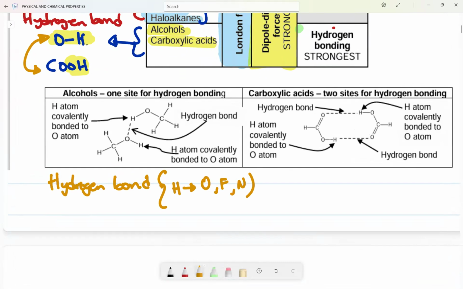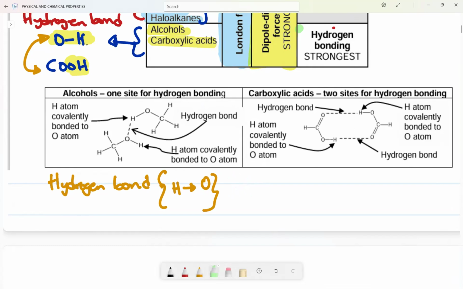HF, yes. NH3, ammonia. I think between O, F, and N. But in this case, we're going to be focusing only on when H bonds with oxygen.